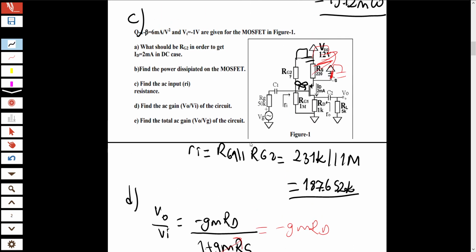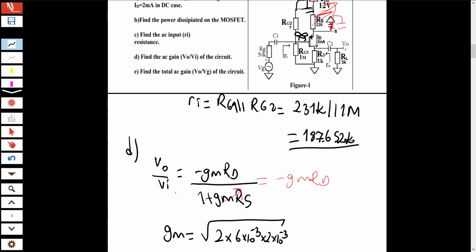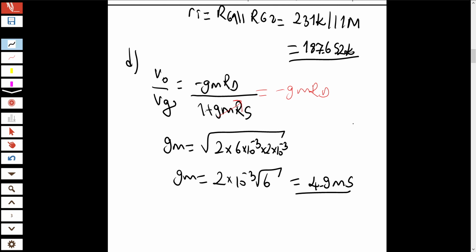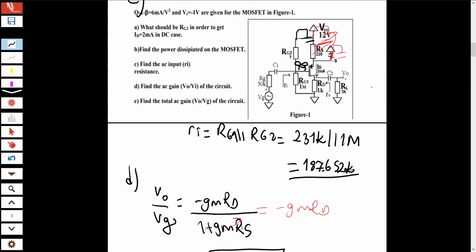So gain is minus Gm times Rd. What is Rd? Look at here. By the way, I mean this is not VO over VI. Sorry, this is VO over V gate. Why? Because there is a V gate over VI component in gain. So what is RD? What we see in AC case, this capacitor is grounded, and in drain case what we see is 1K parallel 5K.